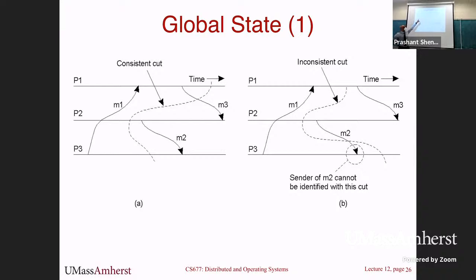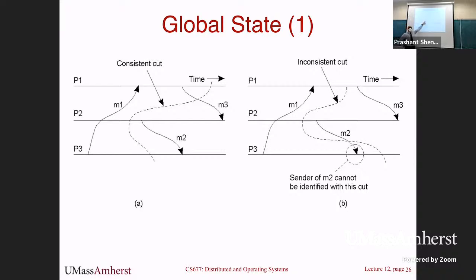We'll call it a cut, and we'll say the cut is consistent if for all messages, either the send and receive events are both before the cut, or both the send and receive events are after the cut, or, if the message crosses the cut, the send has to be in the before part and the receive has to be in the after part. Then we will call it consistent. So in this case, M1 is a message where both the send and receive are to the left of the cut.